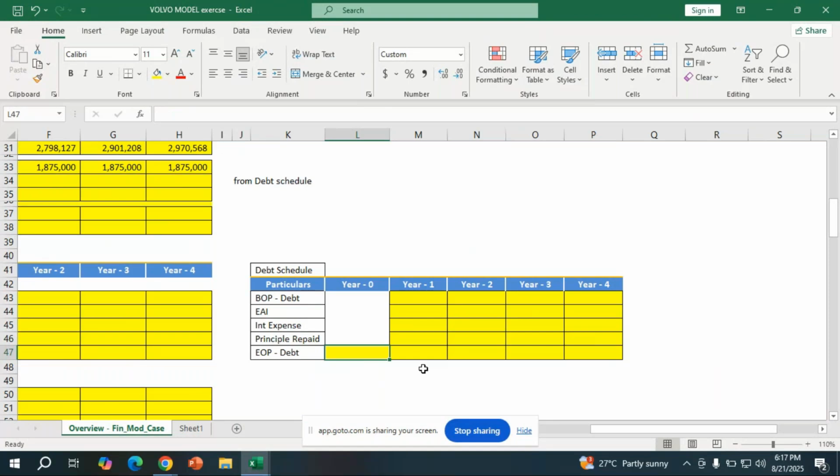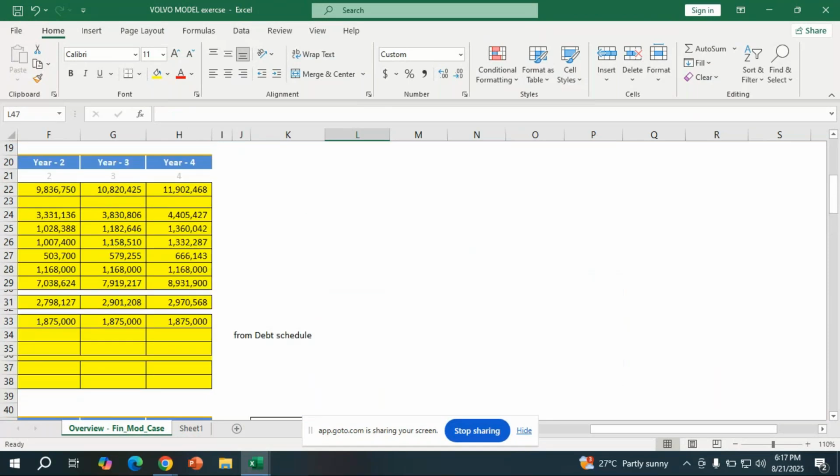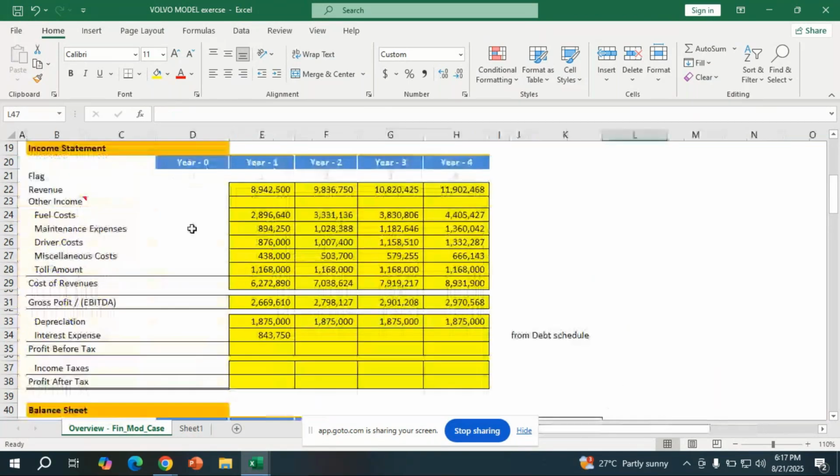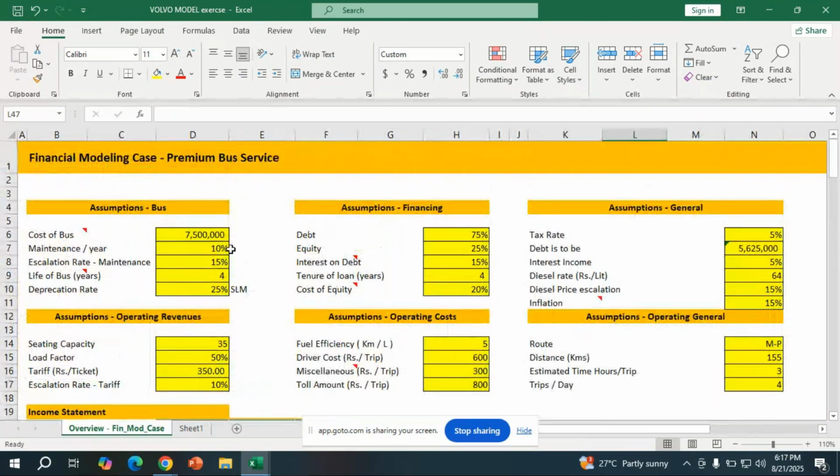Now here in the year zero, what is our opening debt? As I've told you, out of the 75 lakhs cost of the bus, 75% has been approved from the bank to provide loan. So 75% of 75 lakh will give you 56 lakh 25,000.